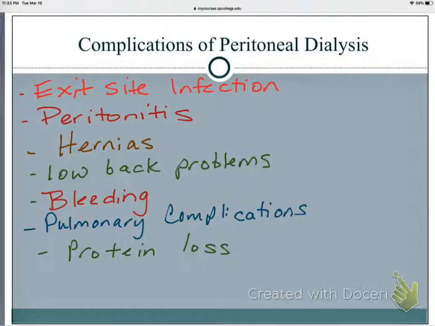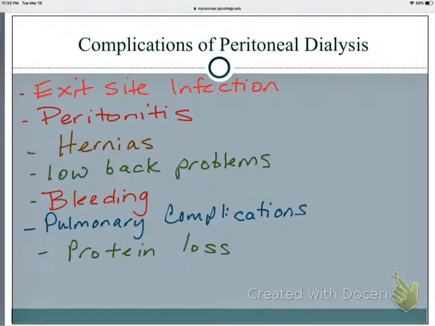Another complication is low back problems. Obviously, we talked about that. Increasing abdominal pressures can cause or aggravate low back pain. If you already have low back pain, it will make it worse. Lumbar sacral curvature is increased by the infusion of the dialysate.